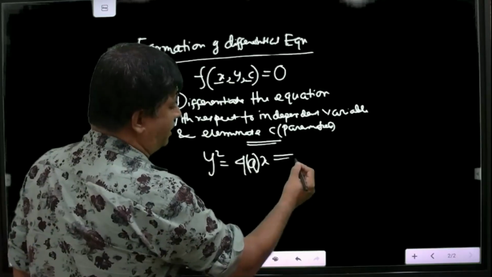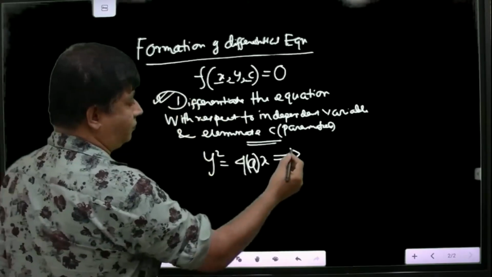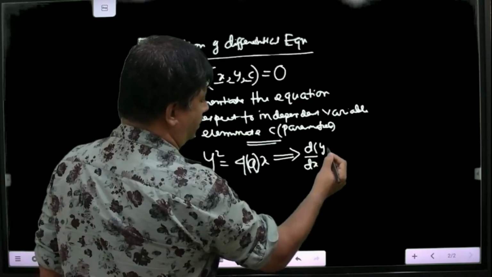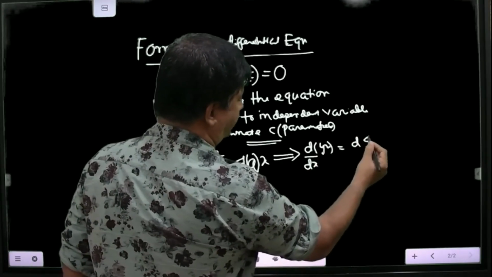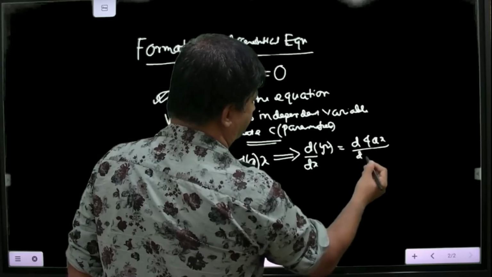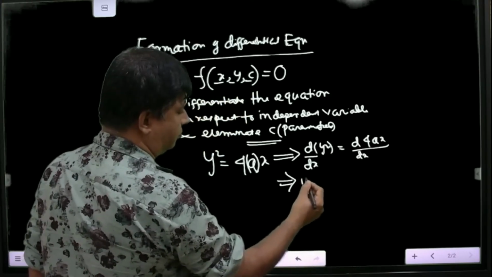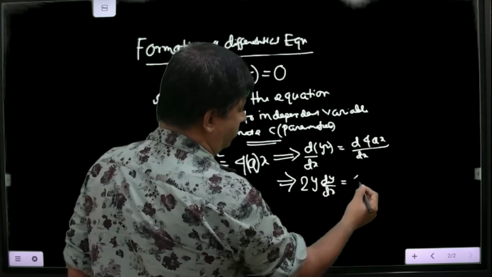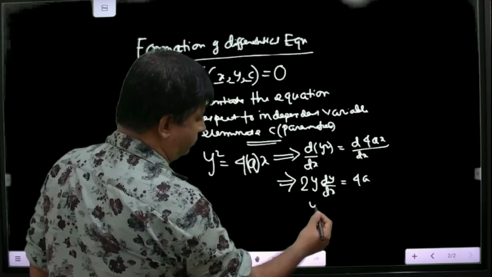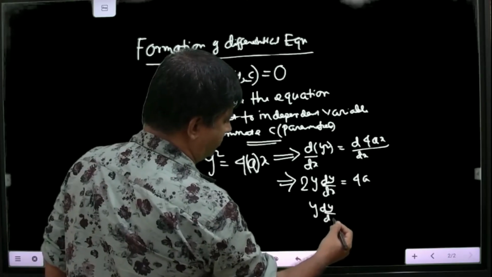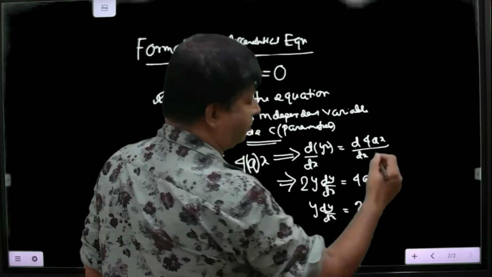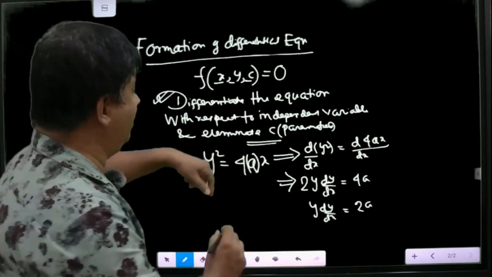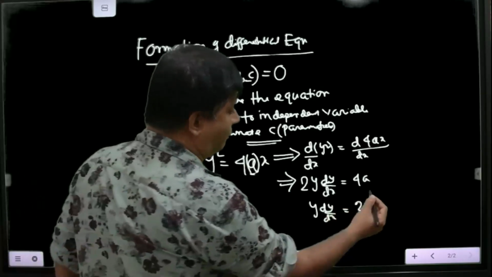So first you differentiate according to the working rule. d/dx of y square, chain rule, is equal to 4a, so 2y dy/dx is equal to 4a. Understand? What is our main aim? To eliminate a. So get the value of a.